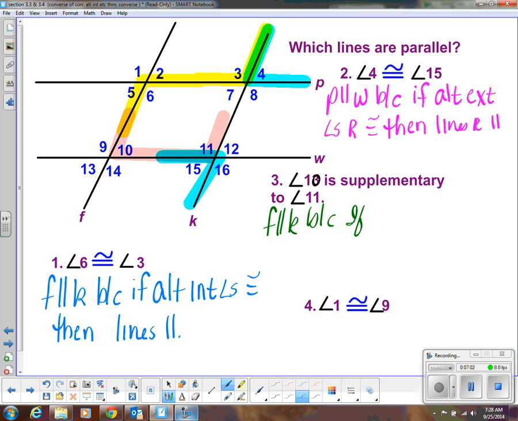What type of angles are they? What form the C? Same side interior angles supplementary, then lines parallel.